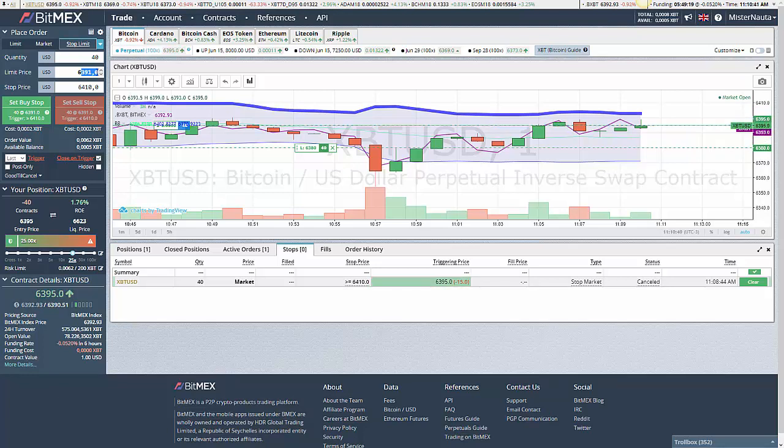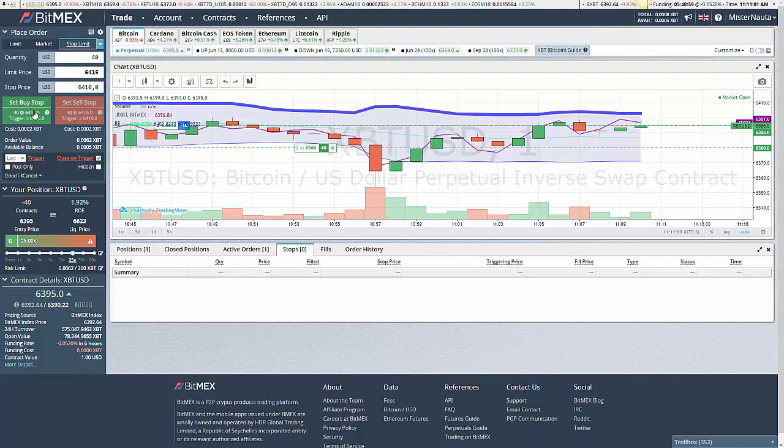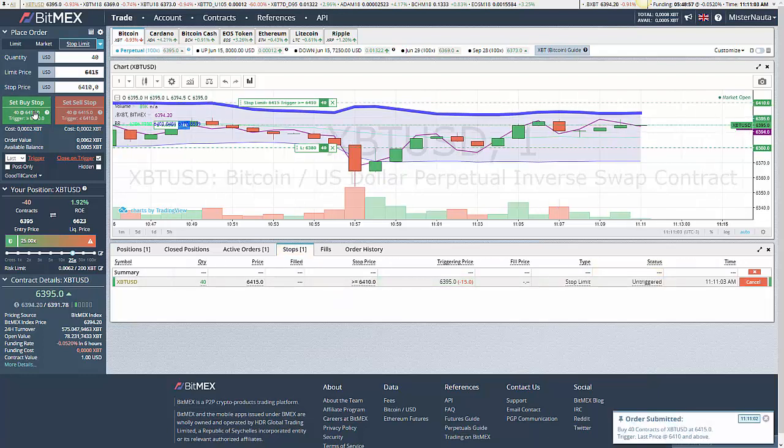So let's suppose I want to put my limit at 6415, and I stop 6410. So what is going to happen? When the price reaches 6415, it will place my stop limit order to close the deal on 6410.